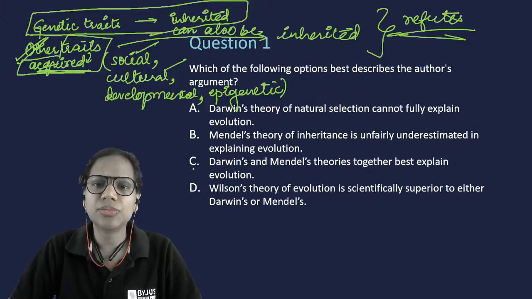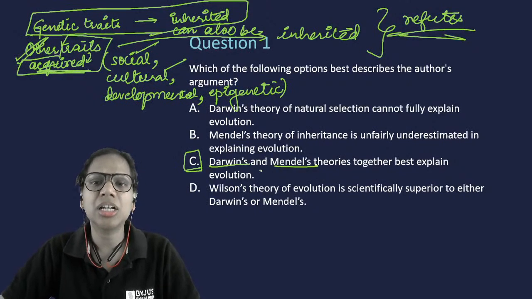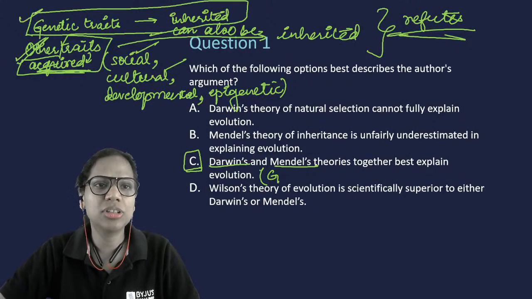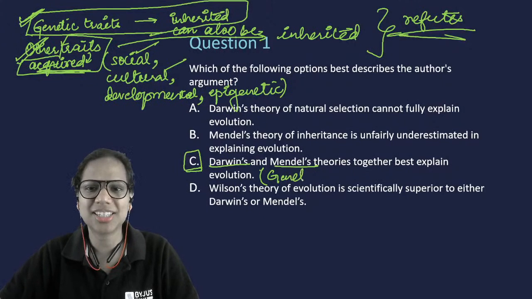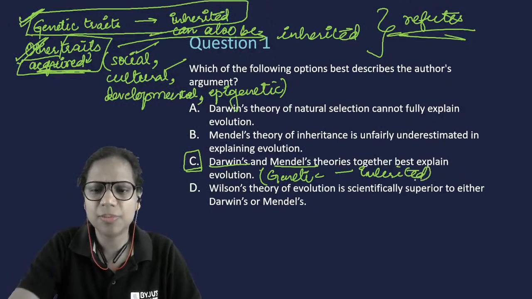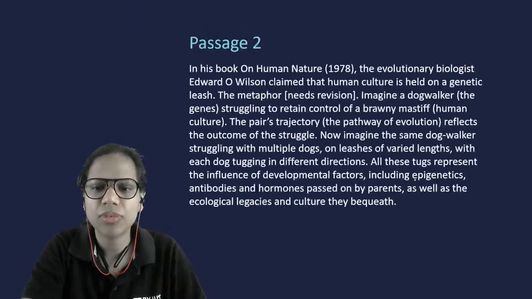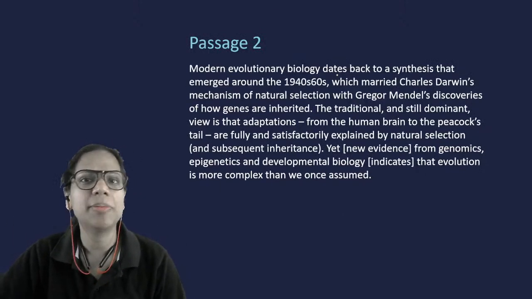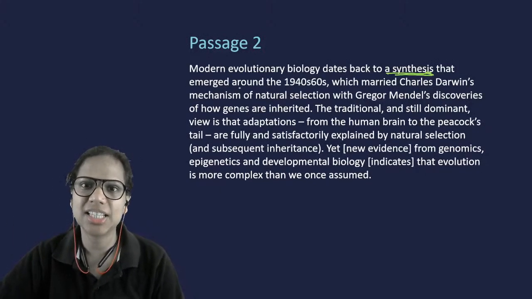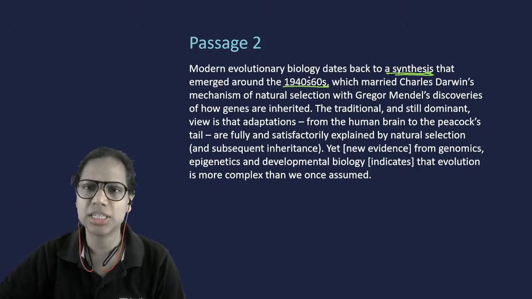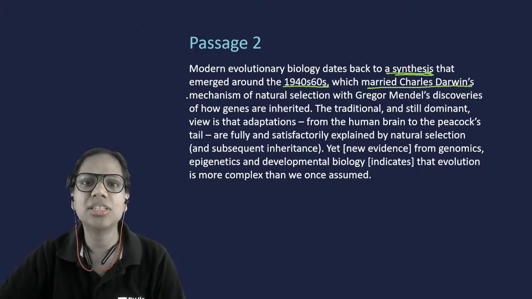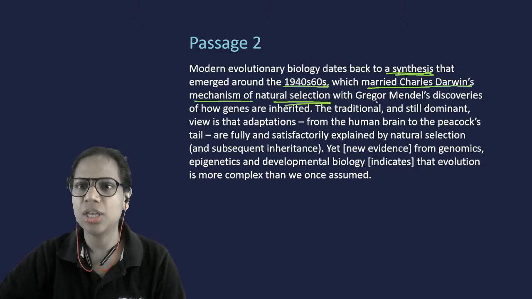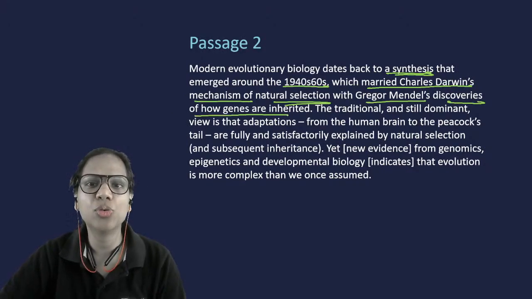Now, if you see here, C says that Darwin's and Mendel's theories talked about this, that only genetic traits are the ones that are inherited. See, this is there in the passage. Modern evolutionary biology dates back to a synthesis that emerged around the 1940s to 60s, which married Charles Darwin's mechanism of natural selection with Gregor Mendel's discoveries of how genes are inherited.